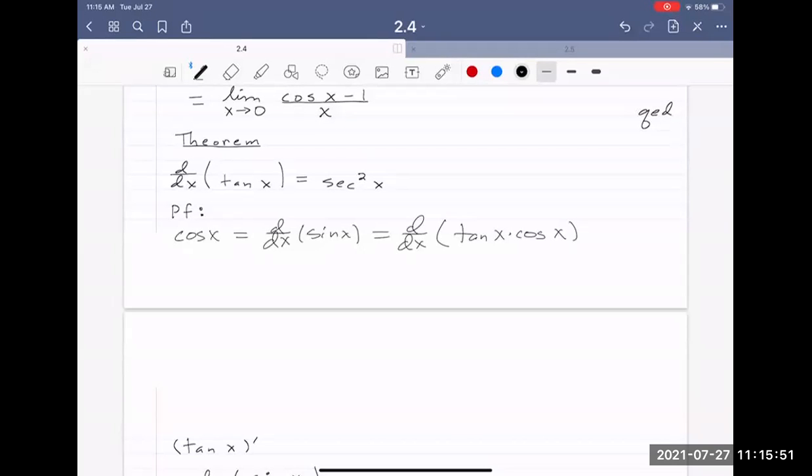So let's use the product rule. So it's the derivative of tangent, don't know what that is, times cosine, plus tangent x times the derivative of cosine, which is minus sine x.